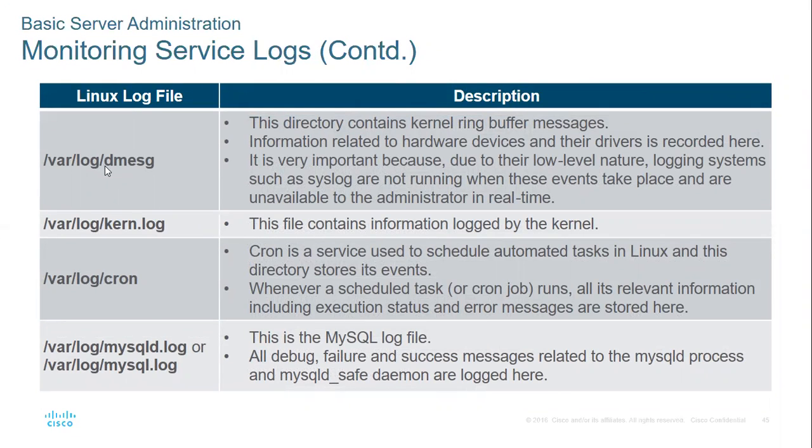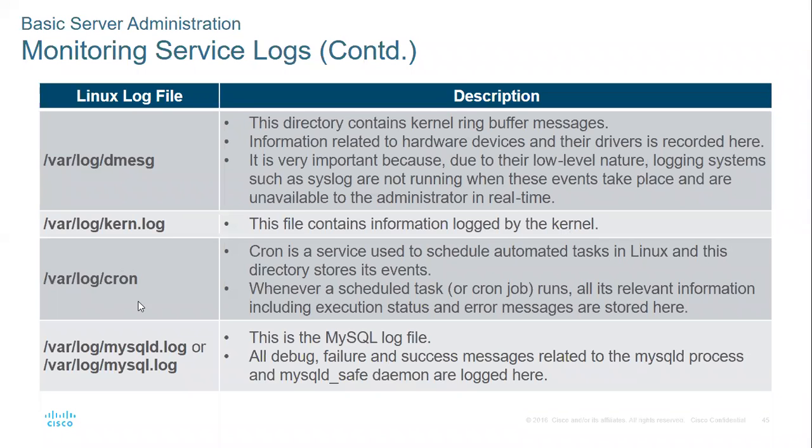Okay, and then the D message, it contains kernel ring buffer messages. And then kernel.log contains information logged by the kernel.